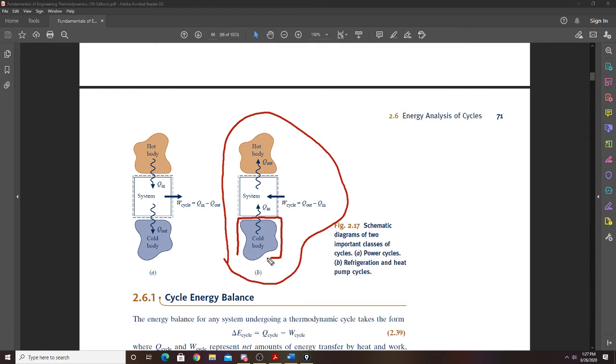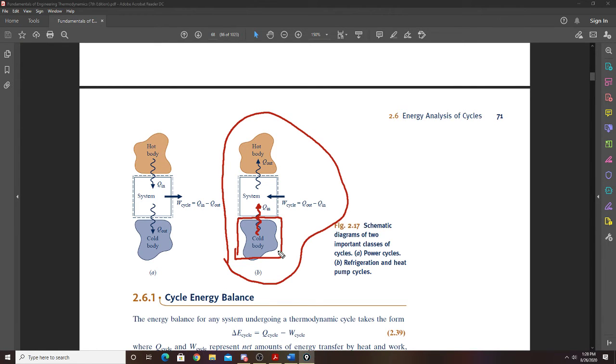So in a refrigeration cycle, what do you think the cold reservoir is? A cold reservoir is where the coldest temperature lies, and the coldest temperature on the refrigeration cycle is going to be where you are putting your ice cream, right? That's the cold. And then the heat entering our cycle is coming from the cold reservoir.